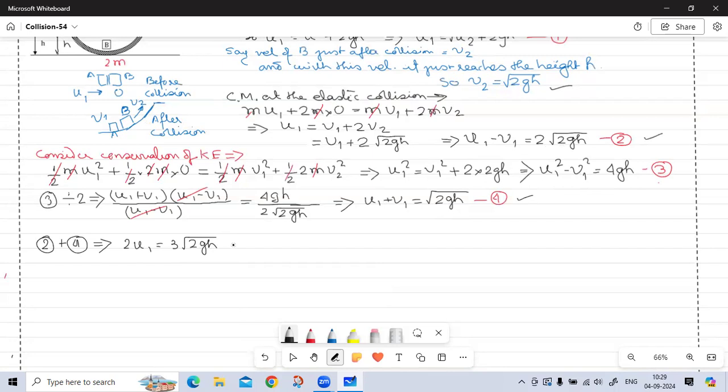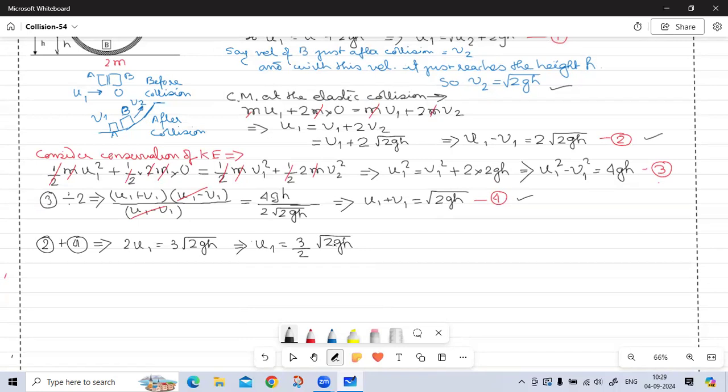Right? Therefore, u1 is equal to 3 by 2 into root 2gh. This is the value of u1.